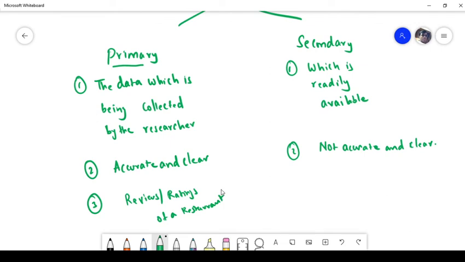Because whenever we go to a restaurant, the owner or the person managing the restaurant will be collecting the ratings or reviews, and based on them he will be changing the service given to the customers.